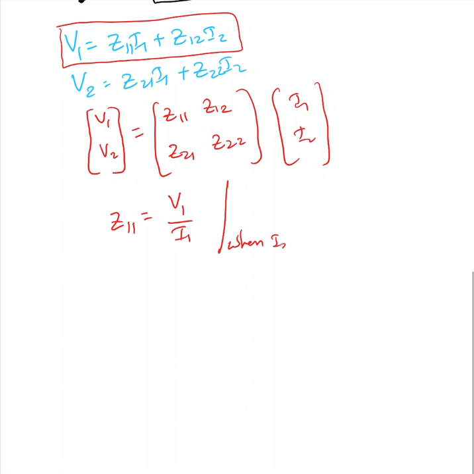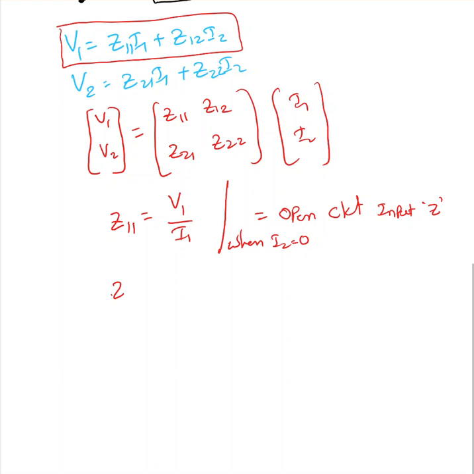This Z11 is called open circuit. Why is it open circuit? Because I2 equal to 0, only current is going to be 0 in open circuit. So Z11 is called open circuit input impedance.